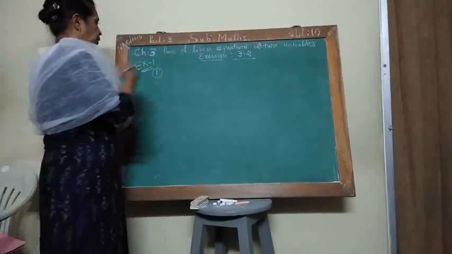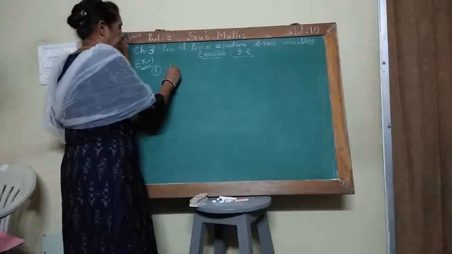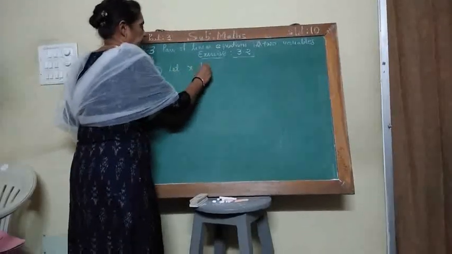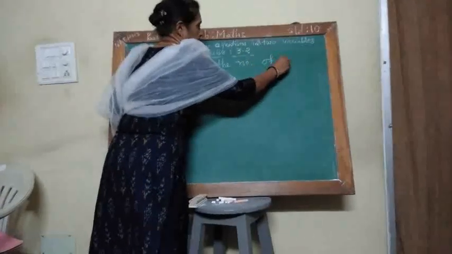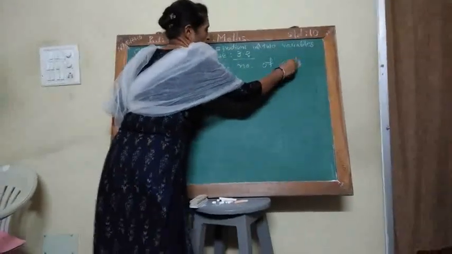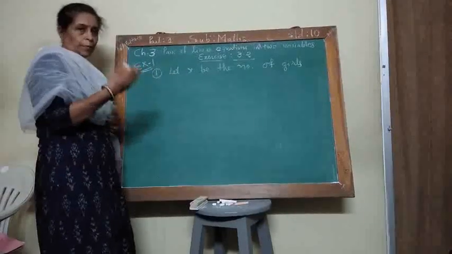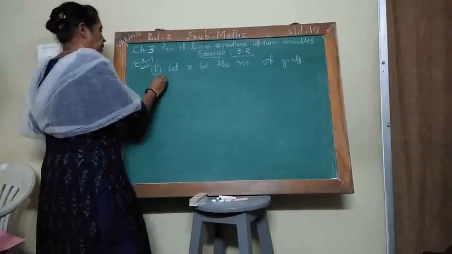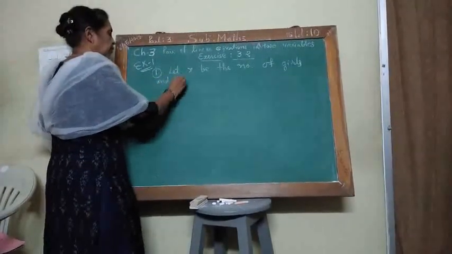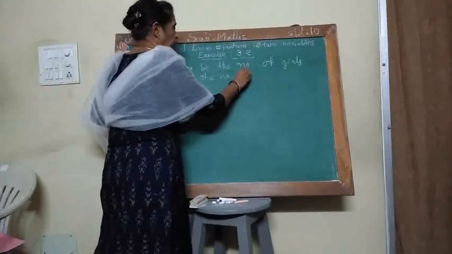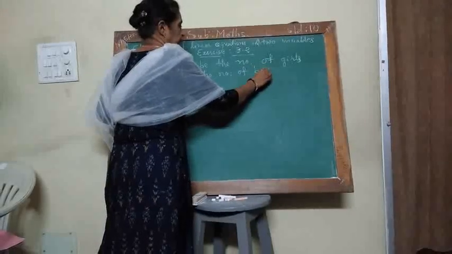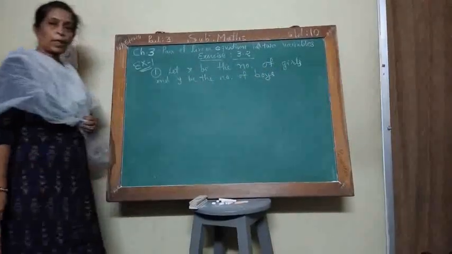So for that, let x be the number of girls. You may take boys also, but I take x for the number of girls, and y be the number of boys. Clear?